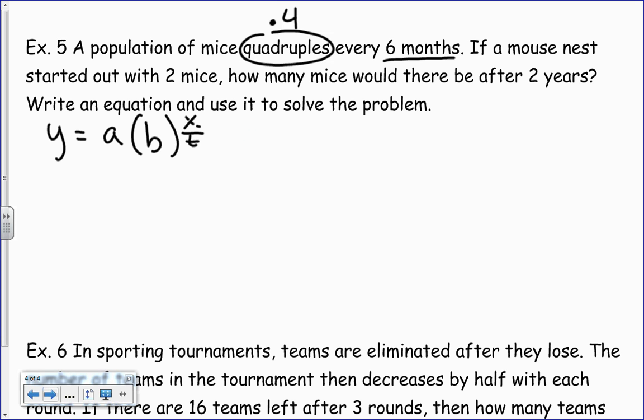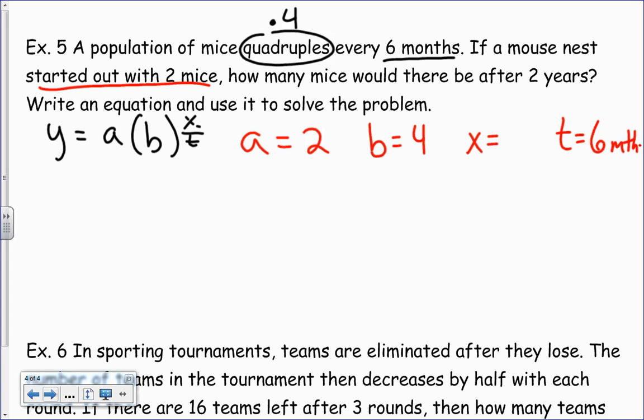A is 2, because if a mouse nest started out with 2 mice, the start is 2. The B value is 4 because it quadruples. The T value is 6 months. That's how long it takes to quadruple.